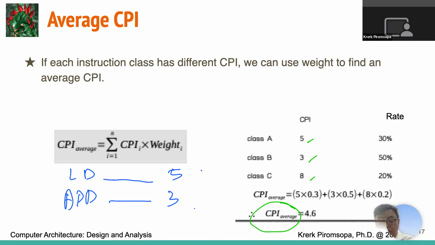And if we know that we do the load maybe 30% of the time, the add maybe 50% of the time, and other complex calculations maybe 20% of the time, you can just find an average. This is basically a weighted average.